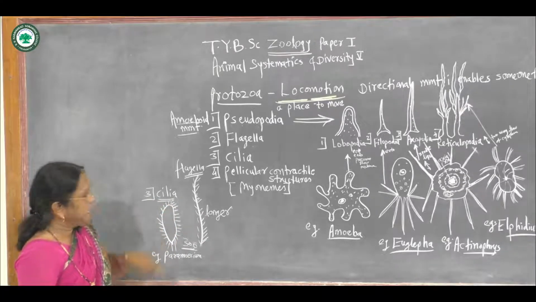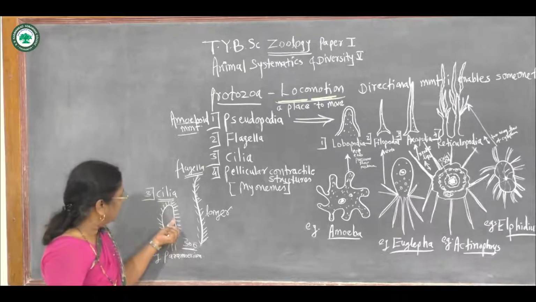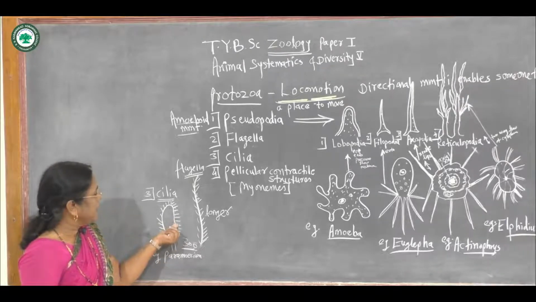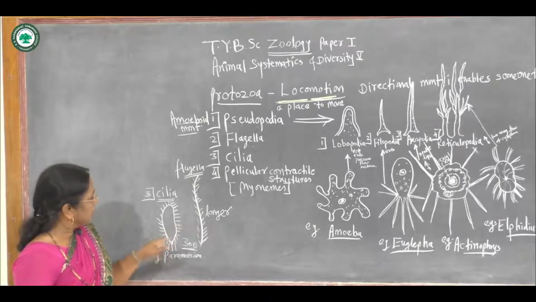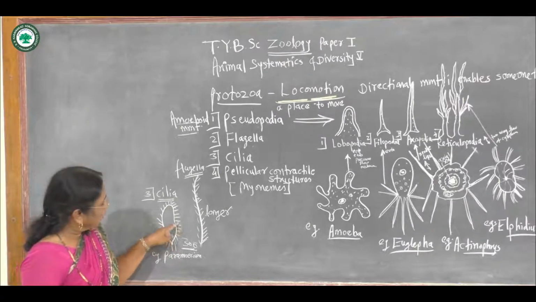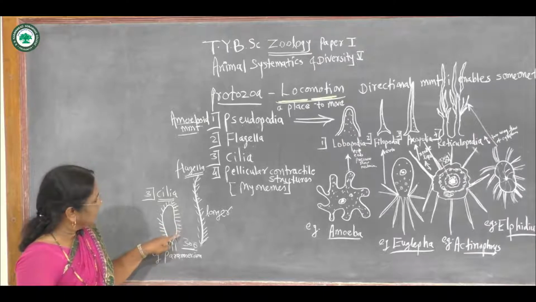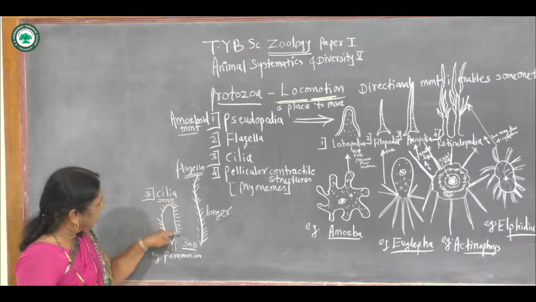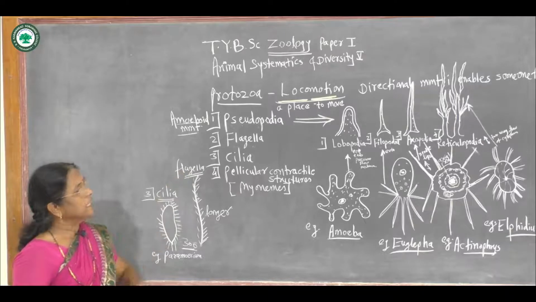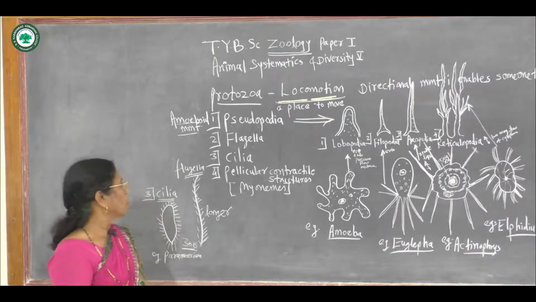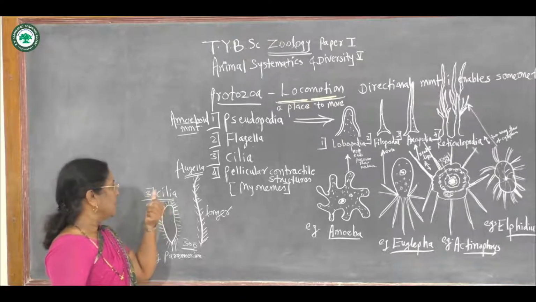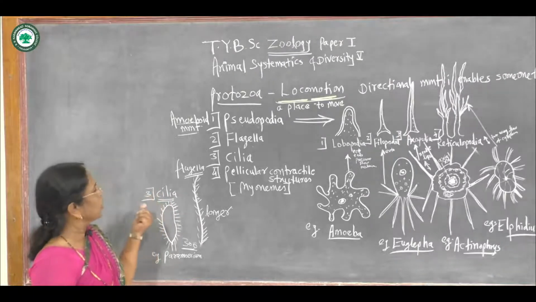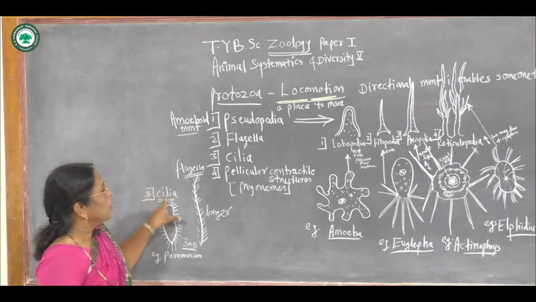They all move one after another, and there is contractile movement from base to tip. First there is an effective stroke and then a recovery stroke. They move one after another, 1, 2, 3, 4, like this, but flagella don't show this type of locomotion. This type of locomotion is found in cilia. They are called ciliary locomotion.